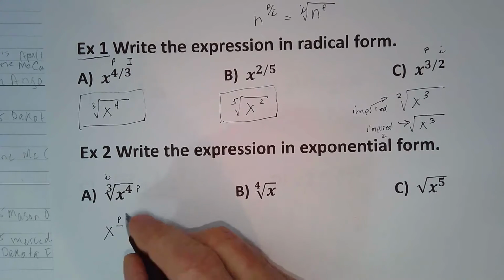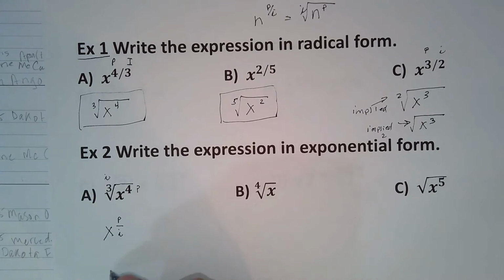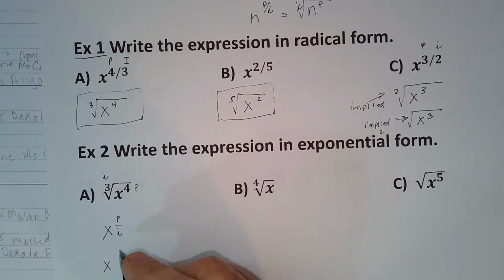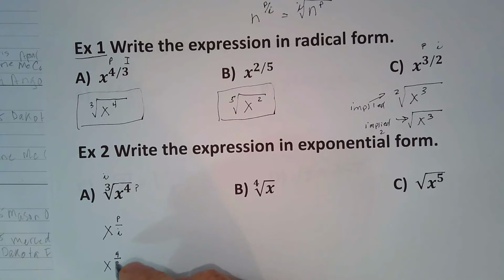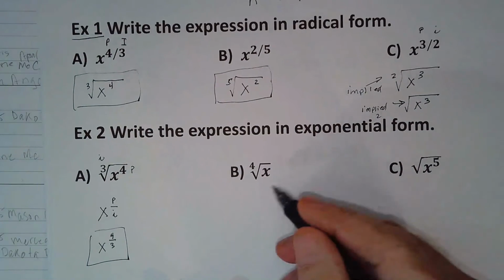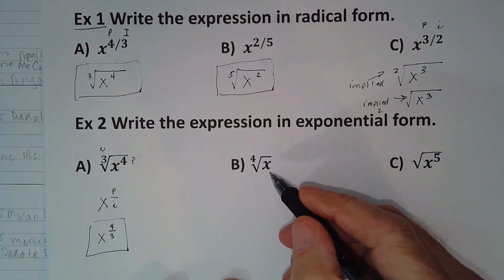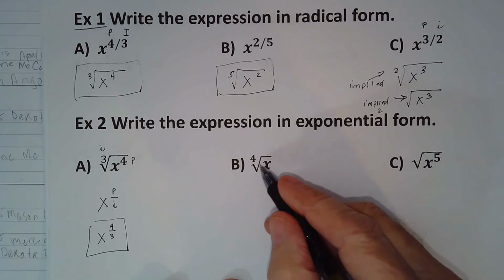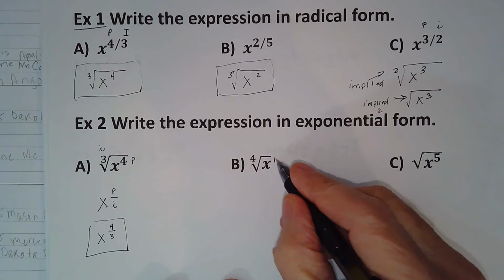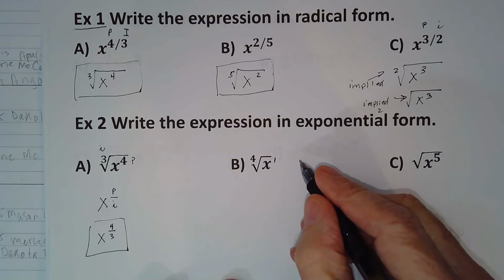Our index goes in the denominator. So in this case, the power is 4 and the index is 3. And that's our answer. Okay, in this case, we have the 4th root of x, and there is no power there, but it's implied. It's an implied 1.